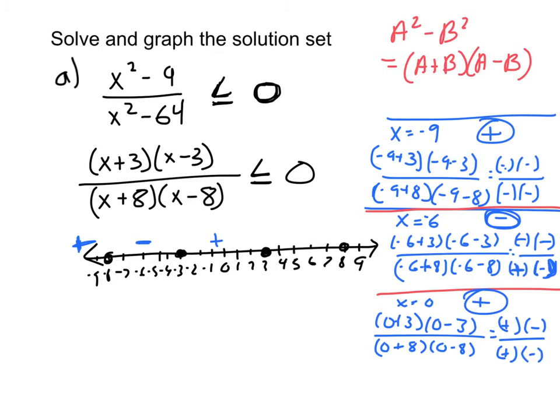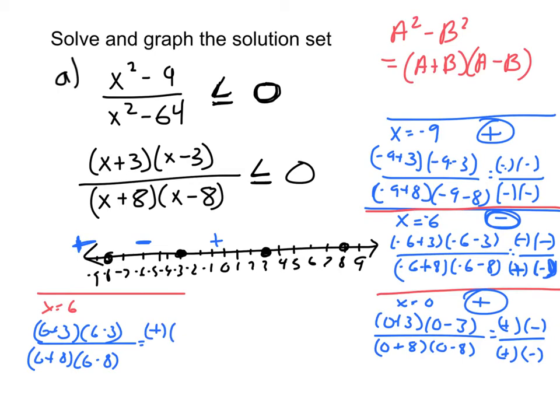So I'll choose 6. All right, for the next one. So x equals 6. So then I'll have 6 plus 3, 6 minus 3, over 6 plus 8, 6 minus 8. Okay, so 6 plus 3 is 9, which is positive. 6 minus 3 is 3, which is positive.